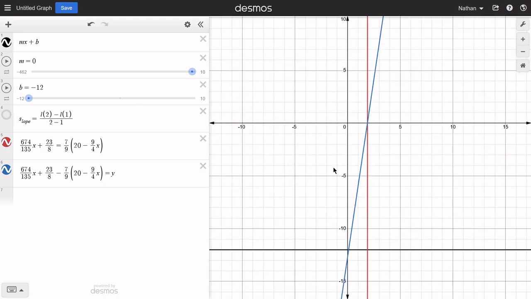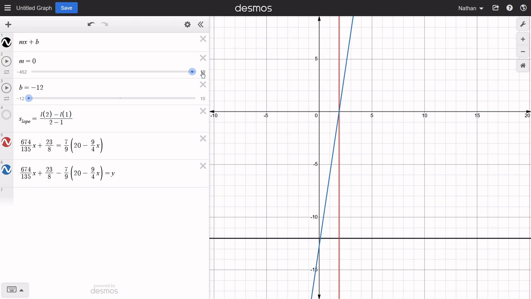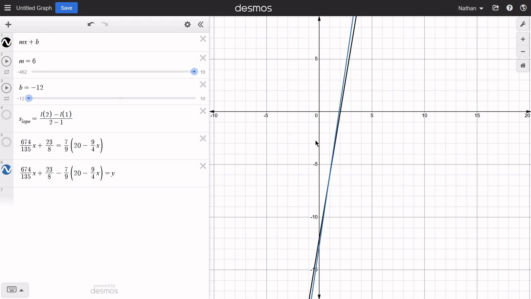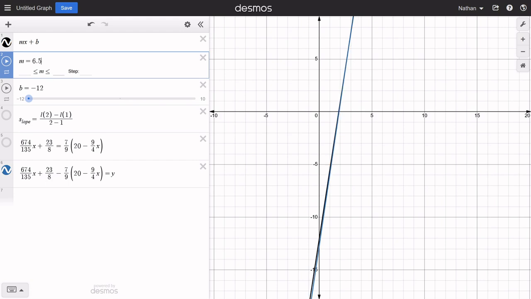Turn on the function here. Something like 6, it's between 6 and 7. So I'm just trying to match up the blue line here. I'll turn off this red one. Just trying to match up the blue line. So 6.5. Close. 5.5, maybe too far. 4.